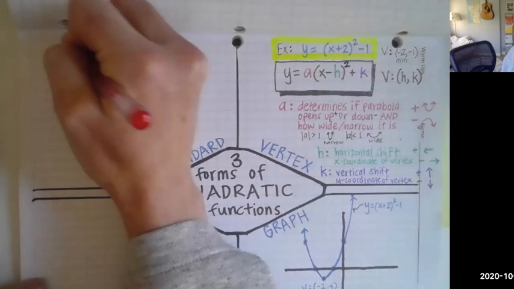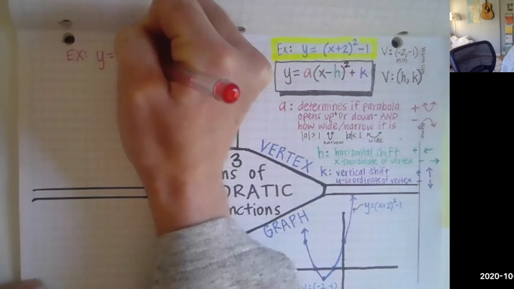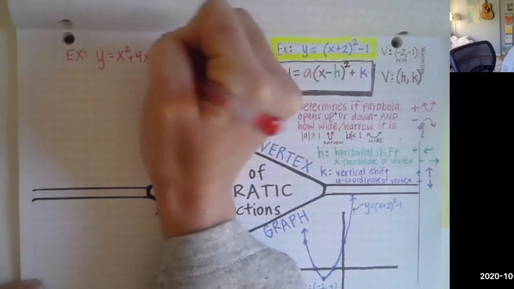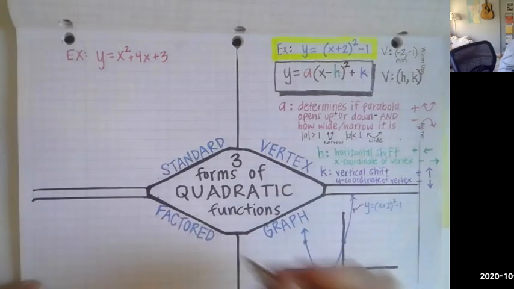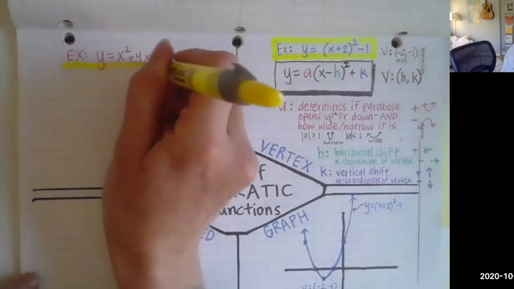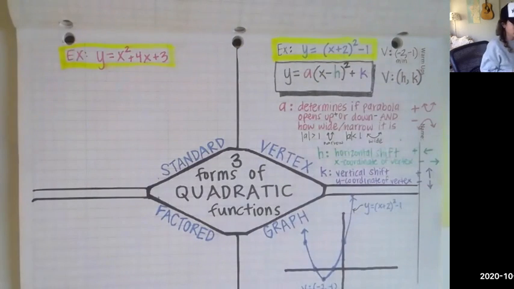So this example, same function, y equals x squared + 4x + 3. Same function in standard form. I'm going to highlight this so that my examples pop.